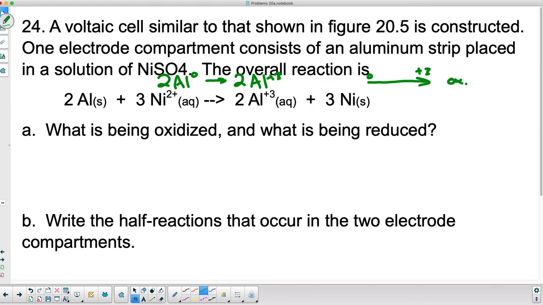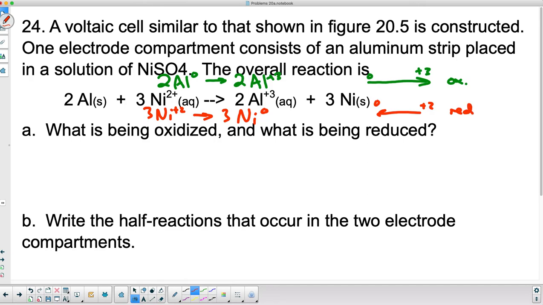The other one, of course, is nickel going from +2 to 0. That means it's going in the opposite direction, from +2 to 0, which means that this is reduction. So green is oxidation, red is reduction.